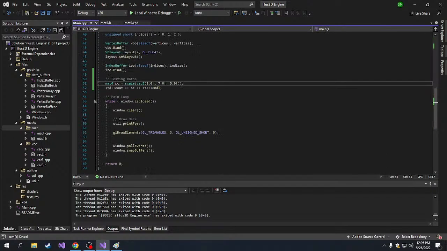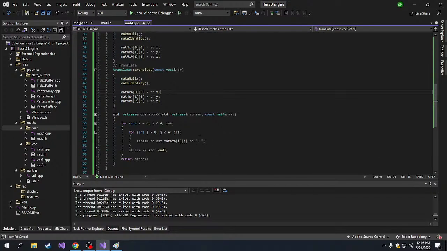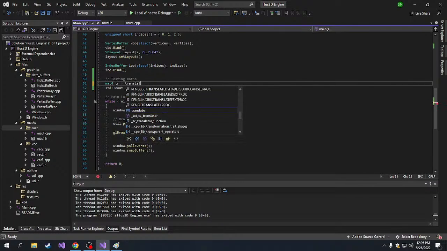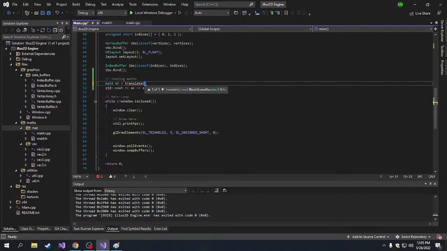If we go over here and try to print it, so I'll make a TR, call it translate. Let's say translate it 2 in the x.